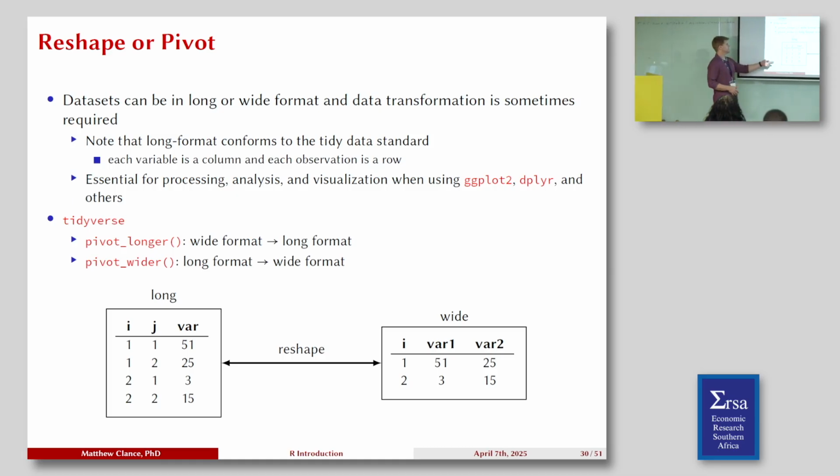A lot of times, like I said, pivoting or reshaping is one of the biggest issues that we have in combining or creating data. I've seen too many students basically just do a copy and paste and they sit there for hours doing this.